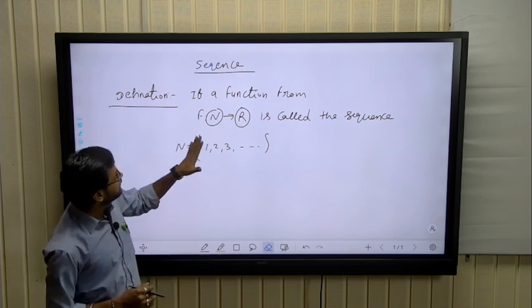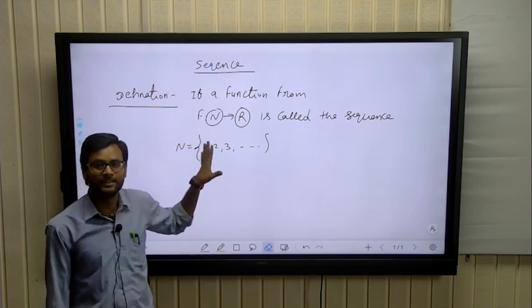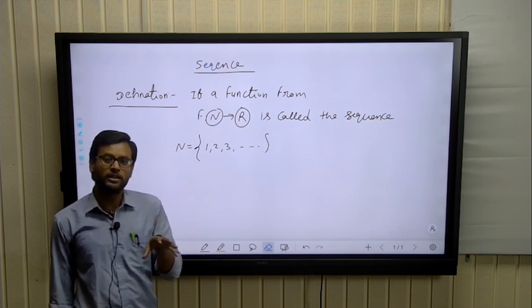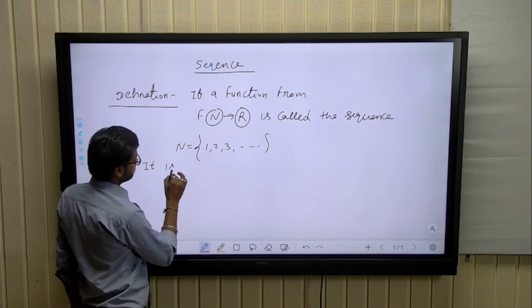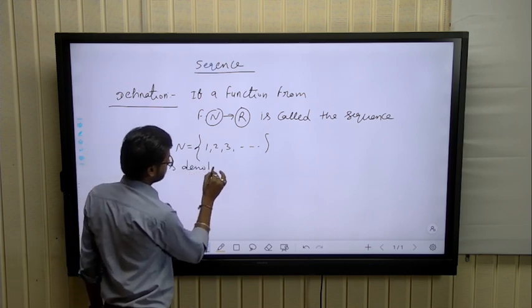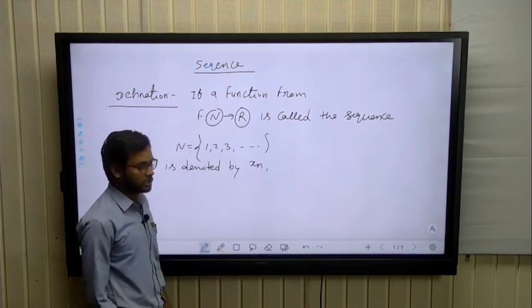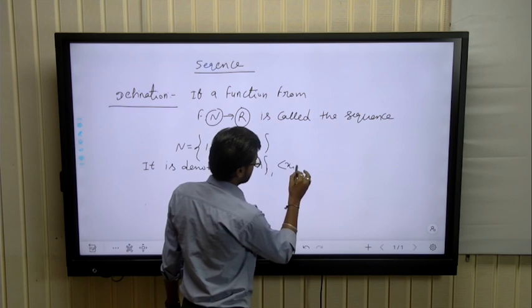But when we see the definition of the sequence, we notice that the domain of the function is N. It means that when you take the terms, you take natural numbers. It is denoted by xn. Many books represent it like this.